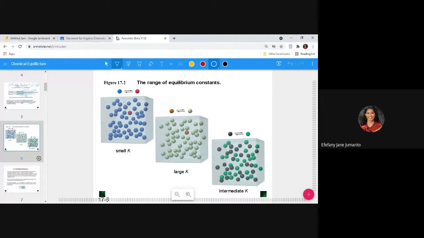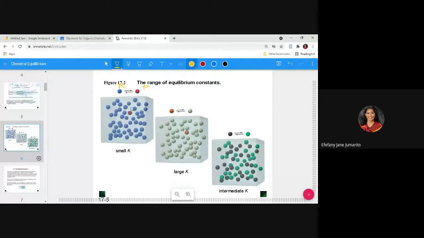If this is our reaction, the blue one will be our what? Reactant, it's A. And then we have the red one, it's our product.